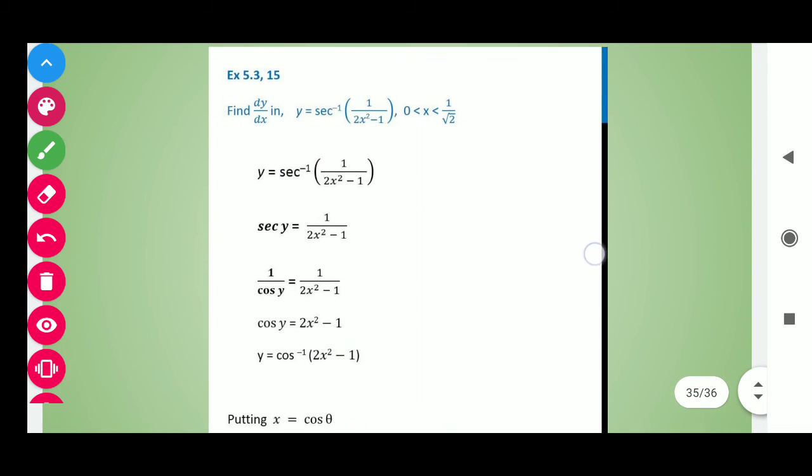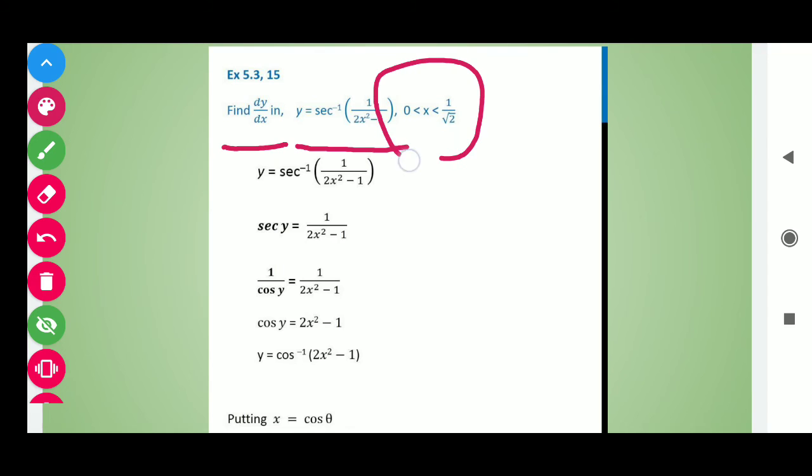Here we have question number 15. Find dy by dx in y is equals to secant inverse 1 over 2x square minus 1, where x lies between 0 and 1 over root 2. Students, we have already studied the properties of inverse trigonometric functions.